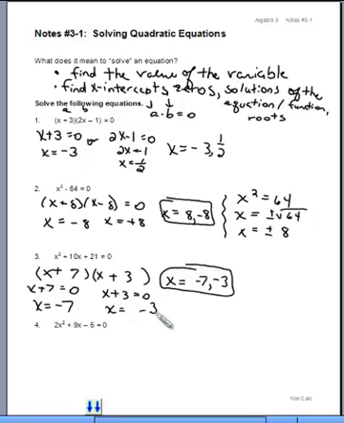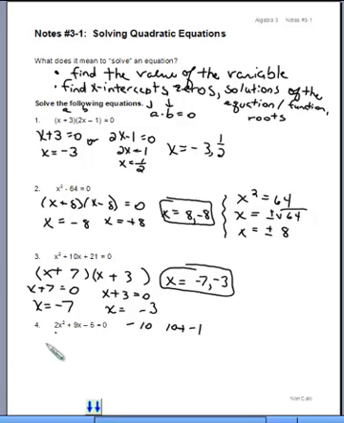Now we have this type of equation where we have a coefficient in front instead of just a 1. So we multiply the coefficient times our negative 5 and we find negative 10. We need things that will multiply to be negative 10 and add to be 9. Well, that's going to be 10 plus negative 1. Those would multiply to be negative 10 and add to be 9.